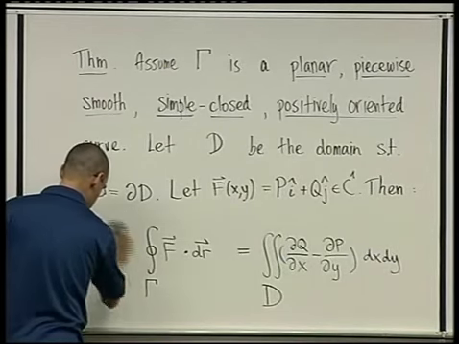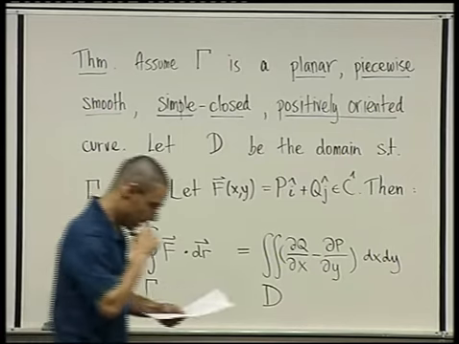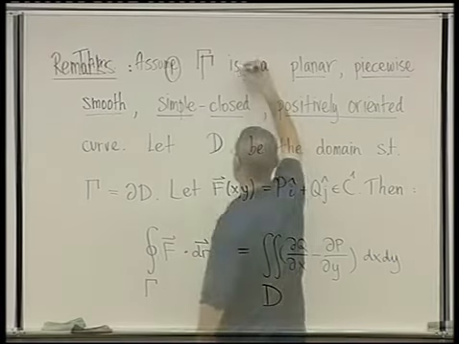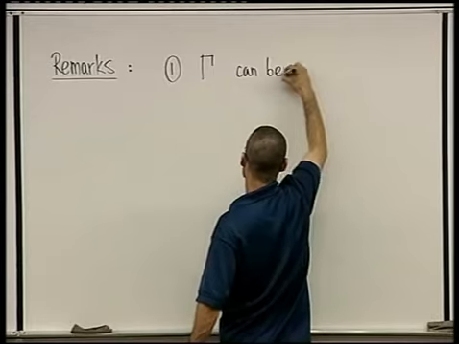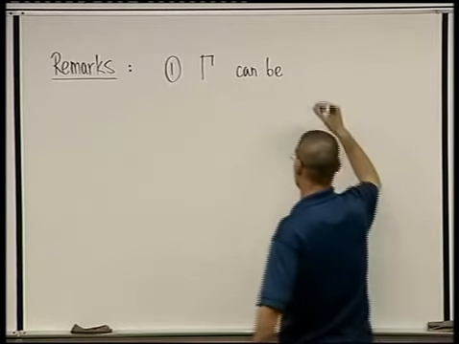So this is the theorem. Let's write several remarks. Remarks. So the first remark is gamma can be, sometimes it's stated as a generalization of this theorem. I'll just remark it.